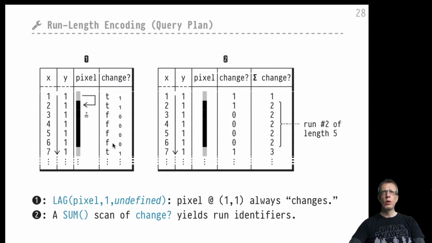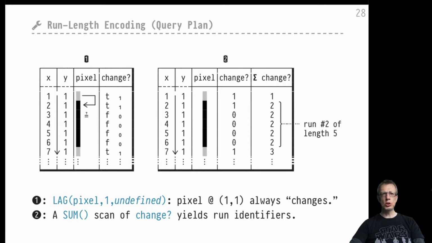Okay, we have recorded true and false change indicators here, change markers. But later on, we will interpret true as 1 and false as 0. And you can probably see where that leads us. A simple sum scan along this change column will then be able to create run identifiers.